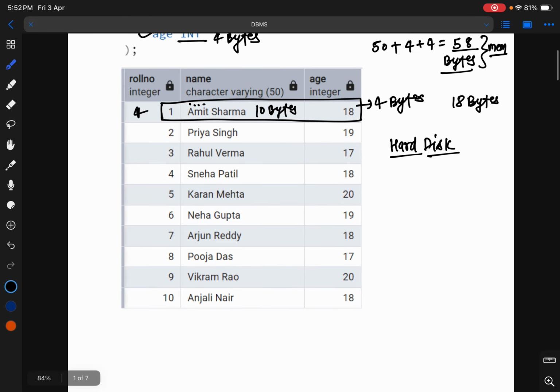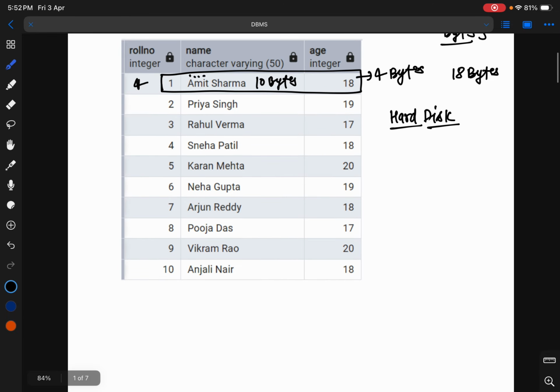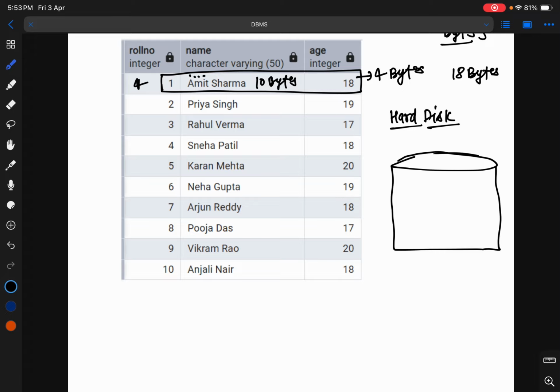To understand that, let's try to understand how a hard disk stores data. We will not dive into the actual structure of the hard disk, but let's take an example. Let's suppose this is my hard disk.